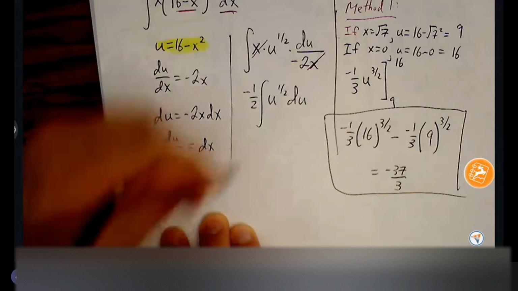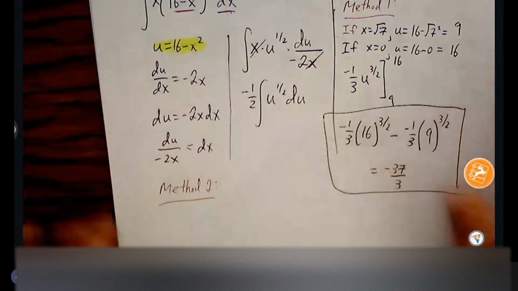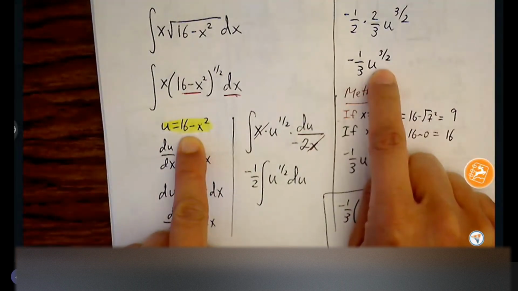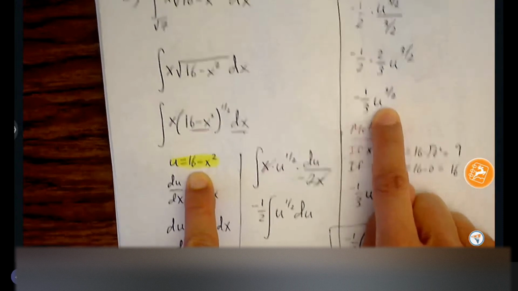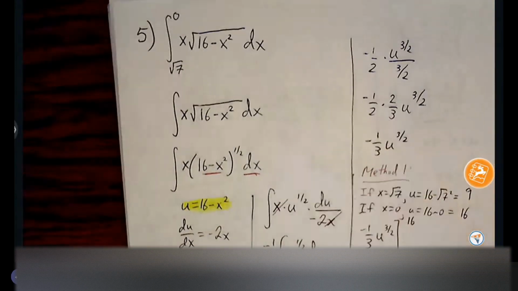Method 2 is where we do everything in terms of x. We take our antiderivative, go one step further, get that u in terms of x, and then you can use the original bounds. No need to convert the bounds.